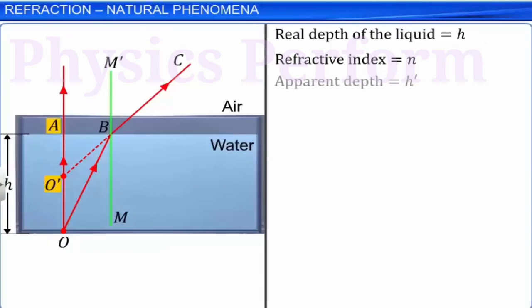This means when an object in a denser medium is viewed from a rarer medium, the apparent position of the object is closer than its real position due to refraction.